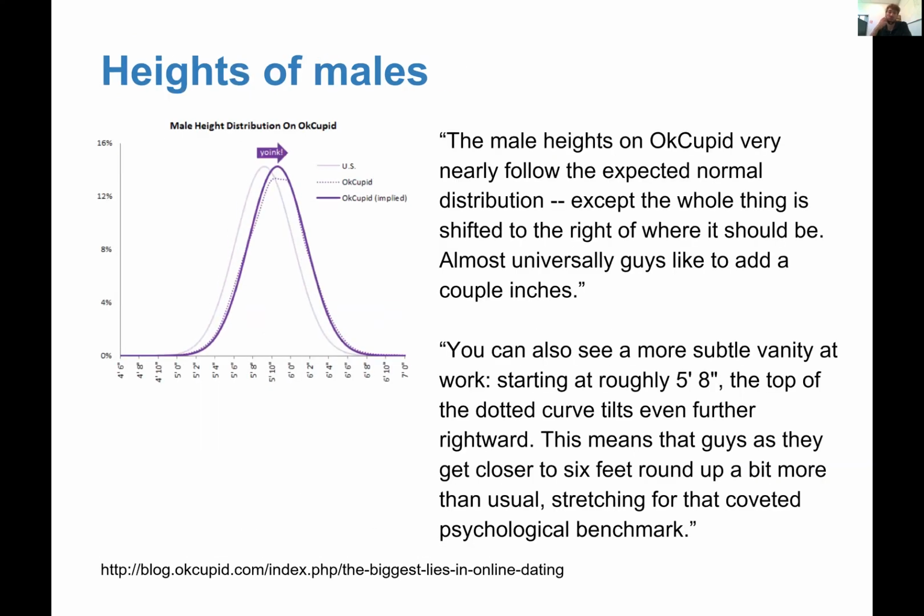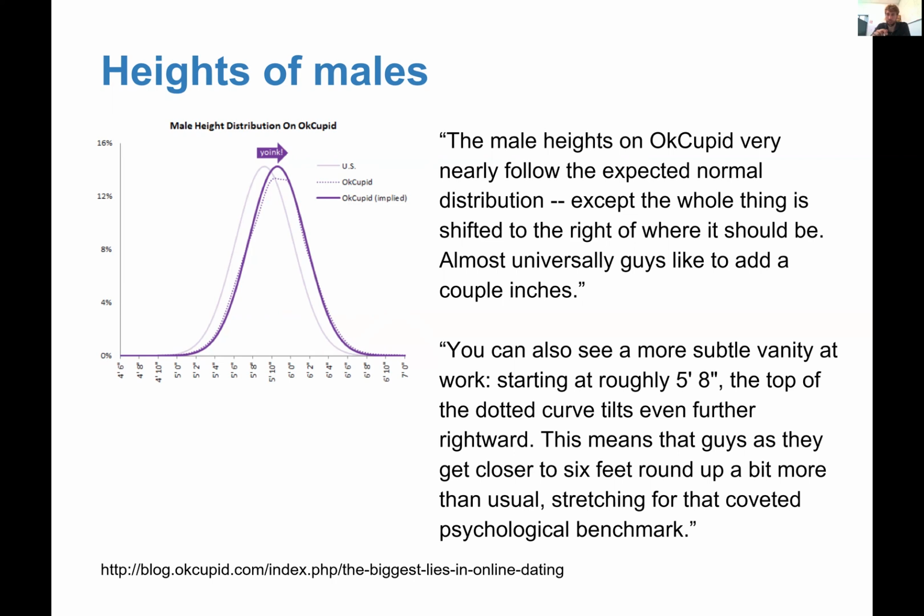The soft line in the background is the actual heights of males based on scientific surveys, and the heights of men on OkCupid tend to be shifted a tiny bit to the right.